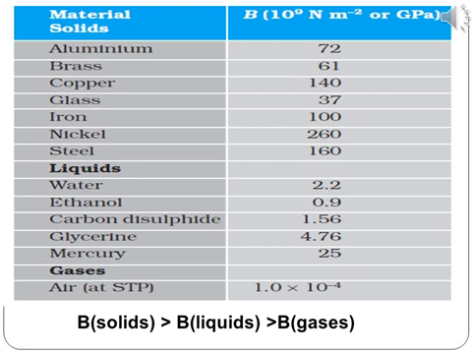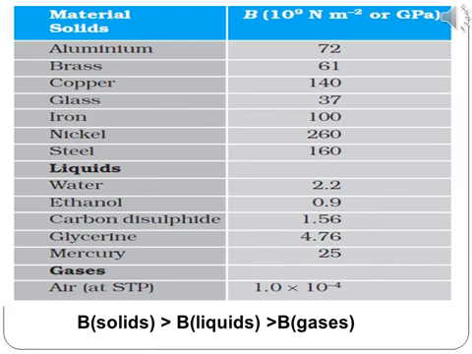This slide gives the bulk modulus of solids, liquids and gaseous substances. In this table, the magnitudes of the bulk modulus of the materials are expressed in the units Newton per meter square or gigapascals. You should note that 1 gigapascal is equal to 10 to the power of 9 Newton per meter square.